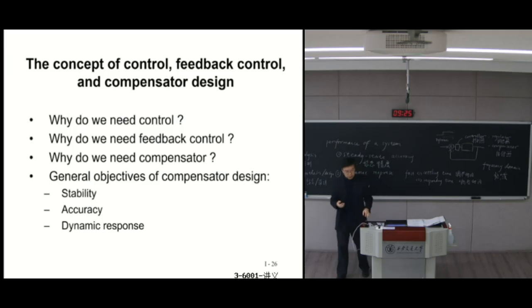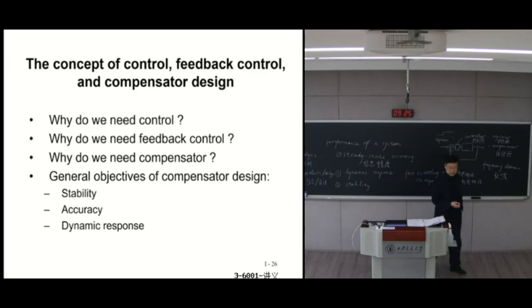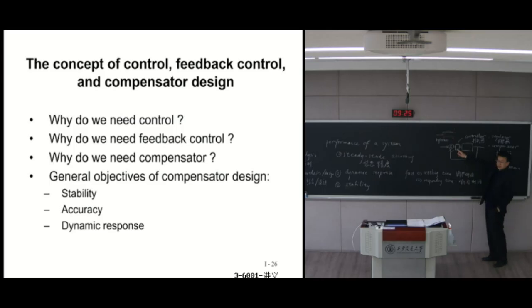I would like to leave you one more question to think about. Maybe I'm not going to give you the answer today, maybe sometime later. I mentioned there are different names for this thing. This can be called controller or regulator. That's easy to understand because we use this to adjust the performance of the system.